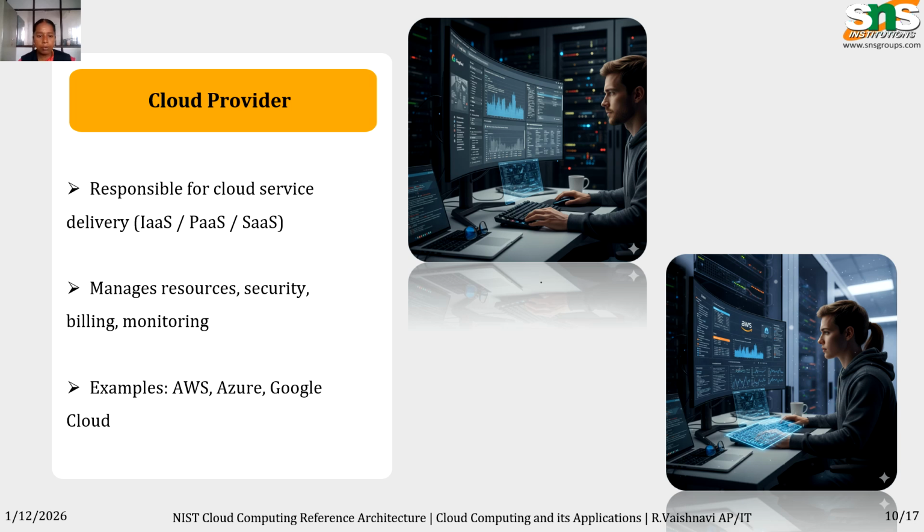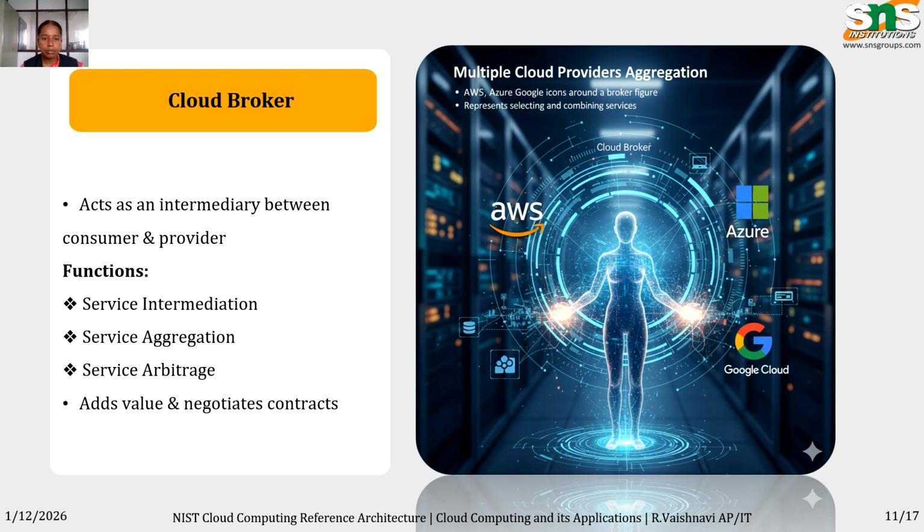Here we have 3, that is IaaS, PaaS, SaaS. That is infrastructure as a service, platform as a service, and software as a service. It manages the resources, security, billing, and monitoring. The real-time example will be the AWS, Azure, Google Cloud.